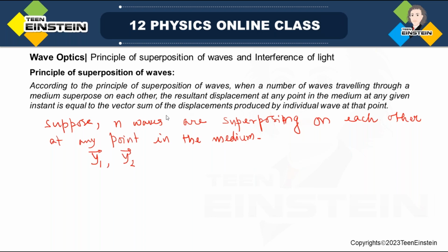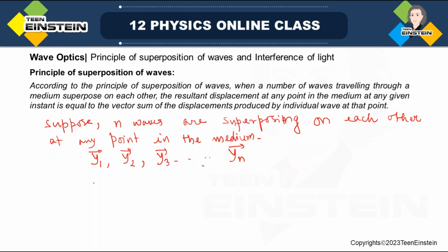Excuse me, there was some network issue. All right, so suppose there are n waves superposing on each other at any instant of time at a point, and each individual wave produces displacement y1, y2, y3, like that, the nth one produces yn displacement.